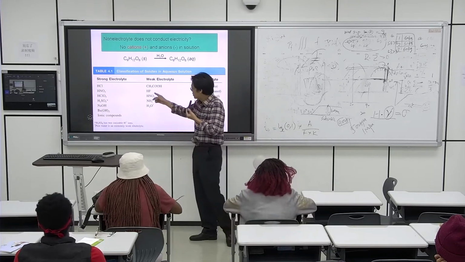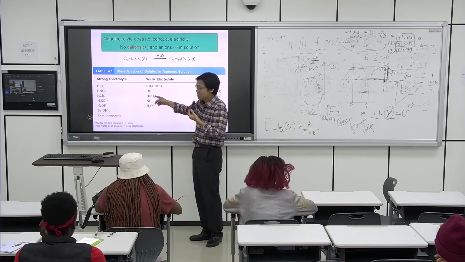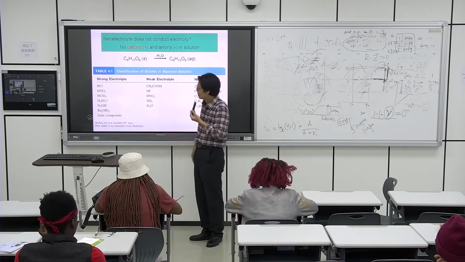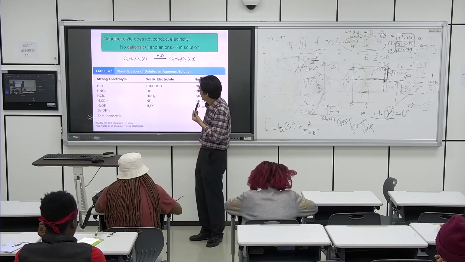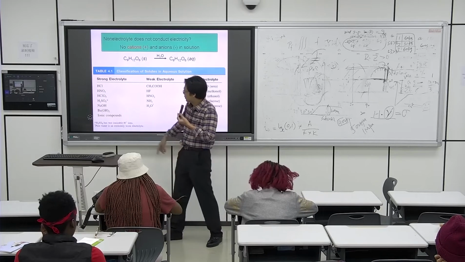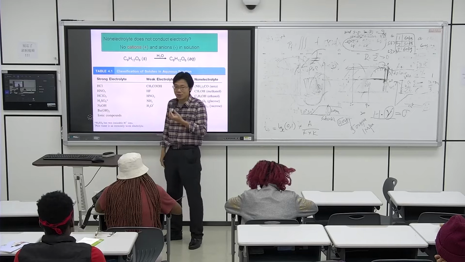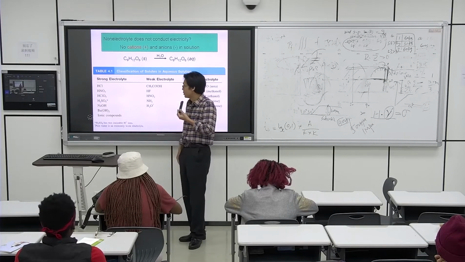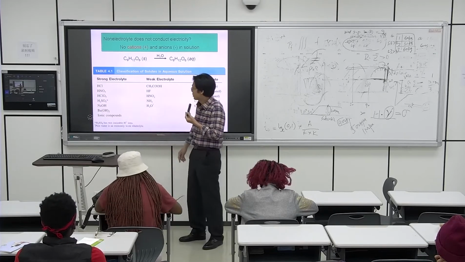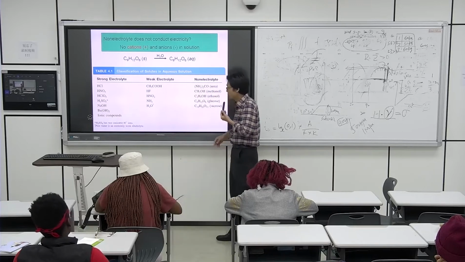And all these are weak acids, so they are weak electrolytes. But these, you can see, are strong acids or bases, so they are strong electrolytes.